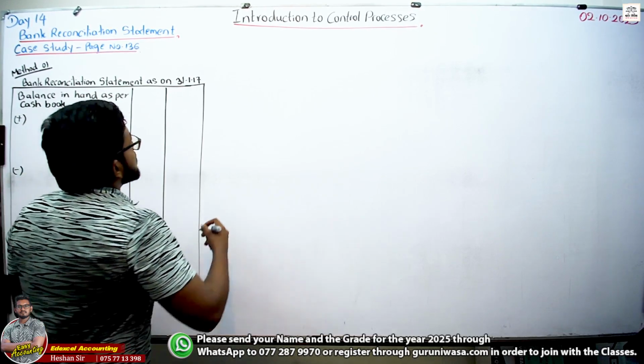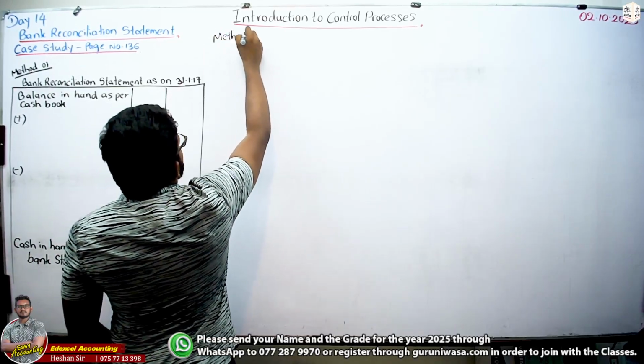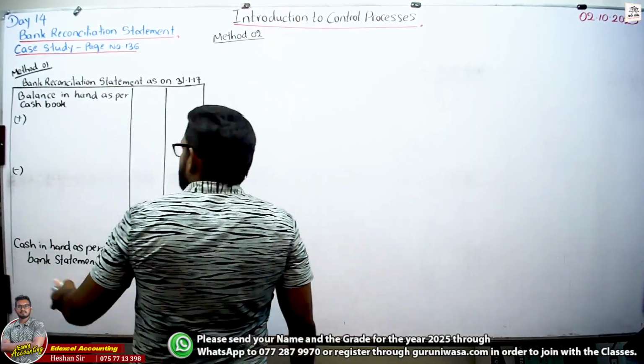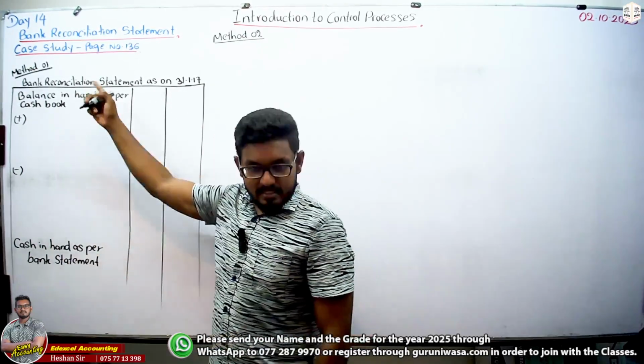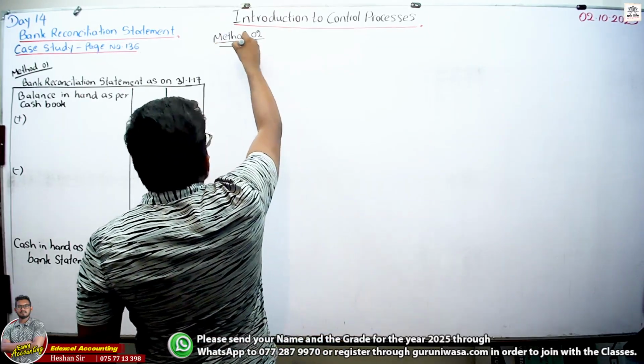Then method 2. Opposite side, we can use this one in here and this one in here. Understand? Which means I'm going to do like this.